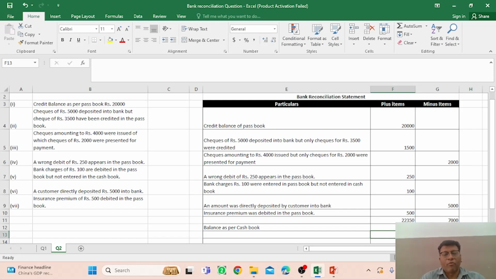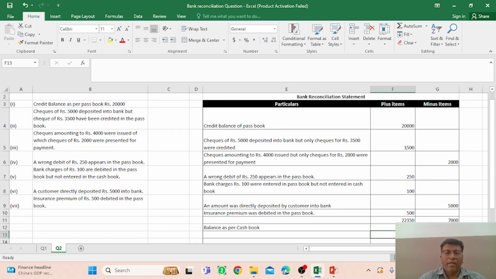But you have to keep only three things in mind: which book balance is given to you, what the opposite book is, and what is the impact of any transaction on the opposite book, because the reasons behind the discrepancies would be given to you in the question.